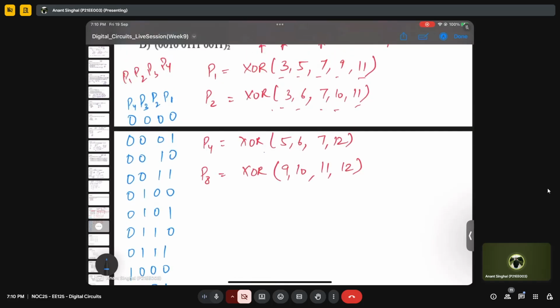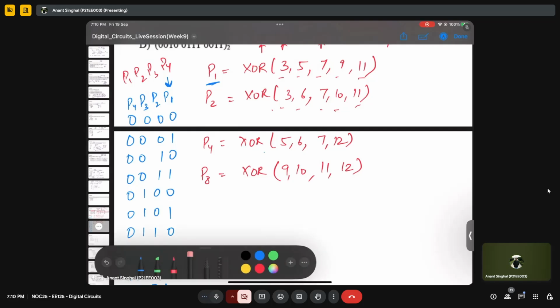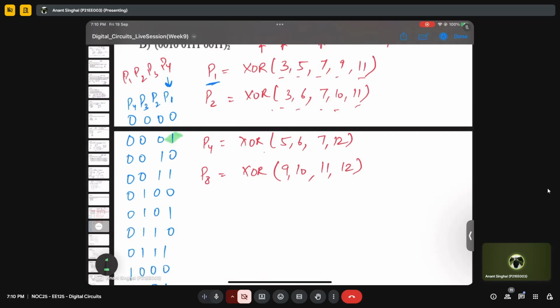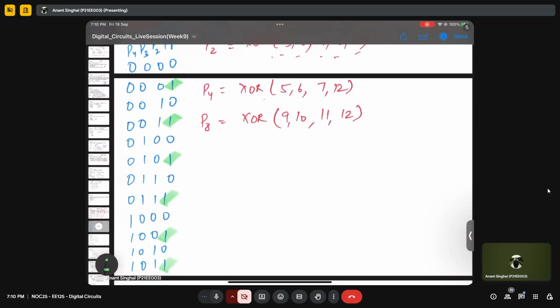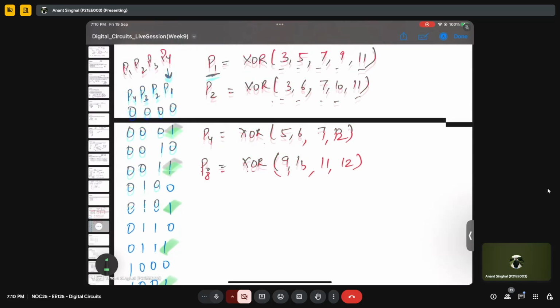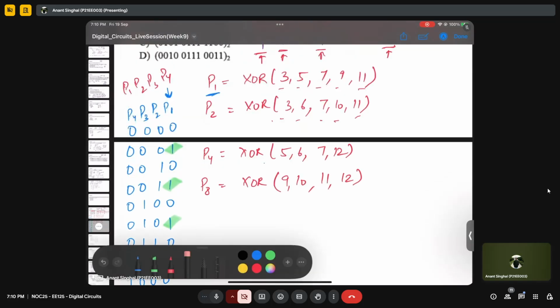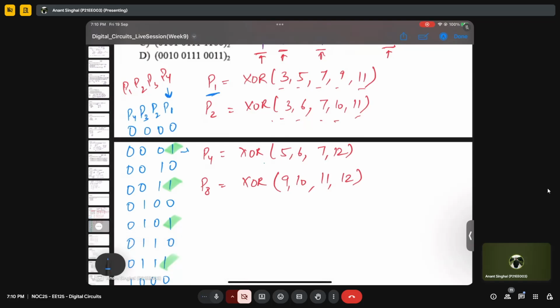For P1, we take the positions where the LSB of the position is 1. It is 1 here, here, here, here, here, here. The position 1 I have not written because it is occupied by the parity bit itself.